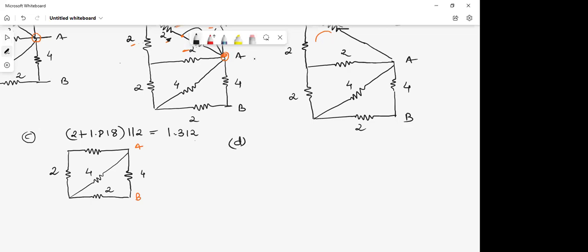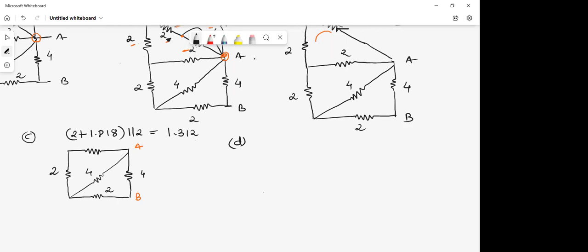Again, same logic. What should be my next question? कोई short तो है नहीं. If there is anything in series, can you find something in series? 1.312 and 2, they are in series, and it goes in parallel with 4 as well.